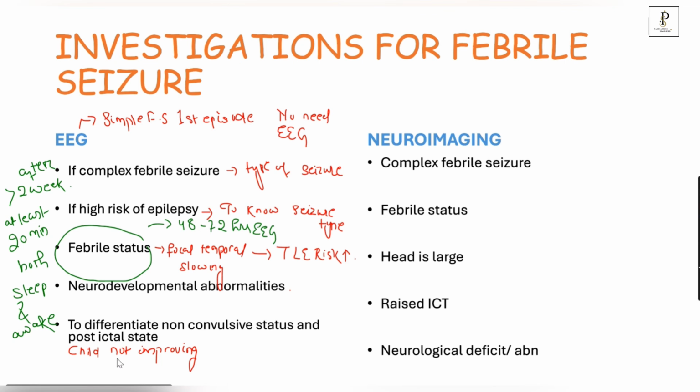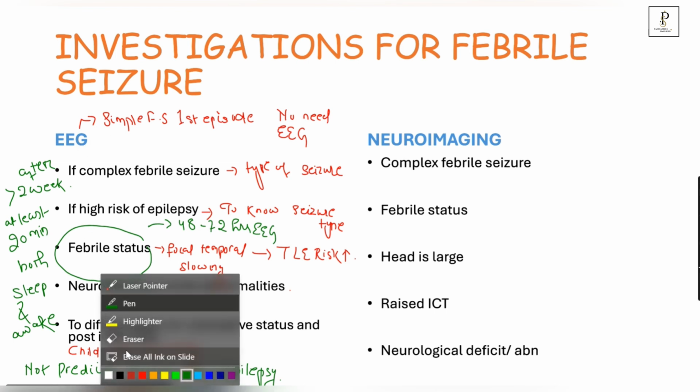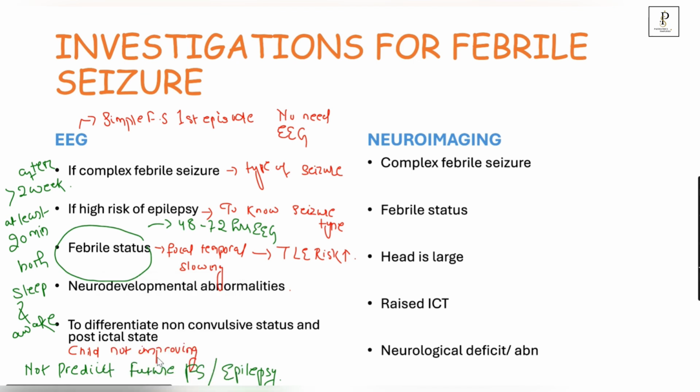Remember that EEG will not predict future febrile seizure or future epilepsy, although it is a general belief that it will tell you about future epilepsy. It will tell about the type of seizure the child has, so that you can treat accordingly.